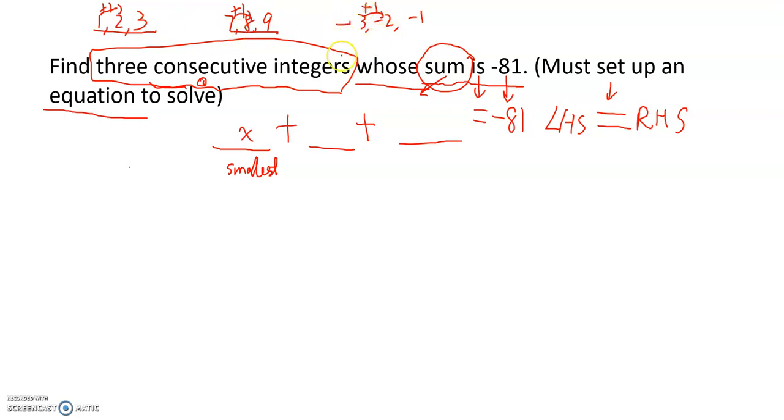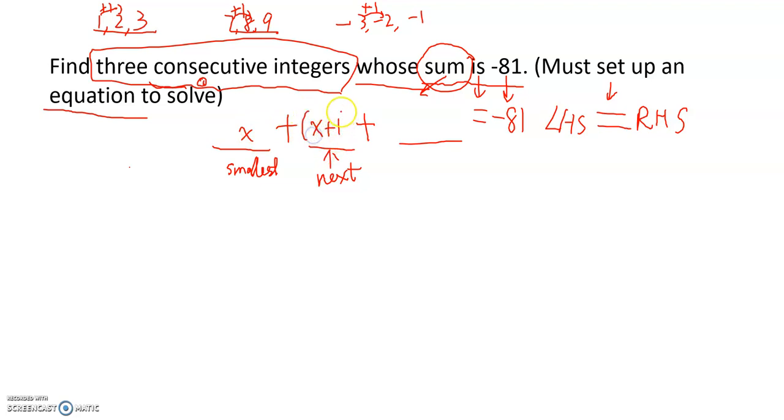Negative 3 plus 1 is negative 2. To describe the next integer, you take the first, smallest, and add 1 to it. Since we don't know what the first one is, we use variable x. So we're just going to add 1 to x. That gives us the second.